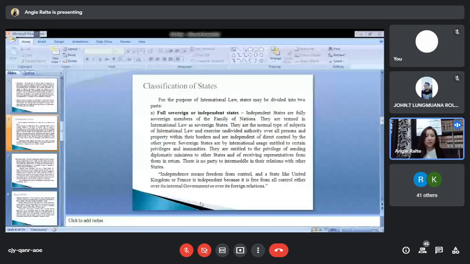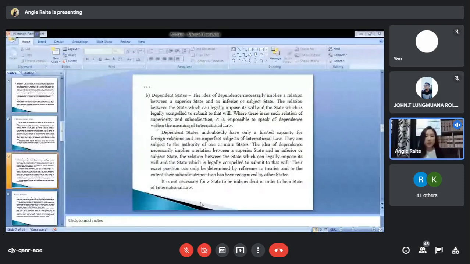So for independent states, the idea of dependence necessarily implies a relation between a superior state and an inferior or subject state. The relation between the state which can legally impose its will and the state which is legally compelled to submit to that will. Where there is no such relation of superiority and subordination, it is impossible to speak of dependence within the meaning of international law.